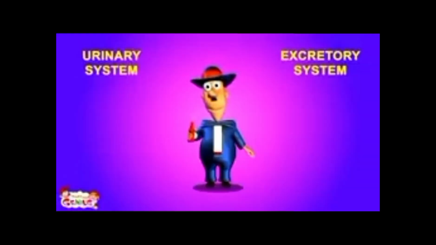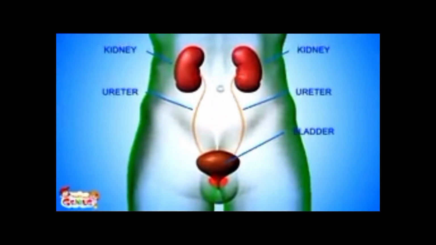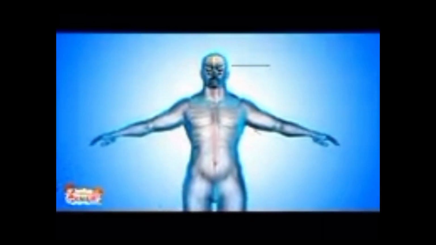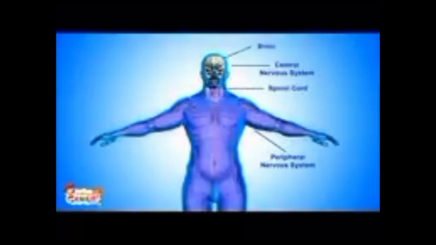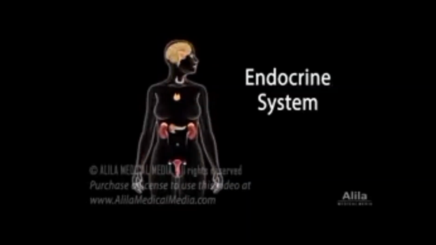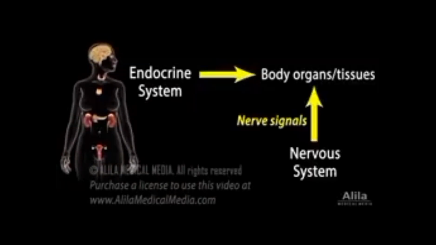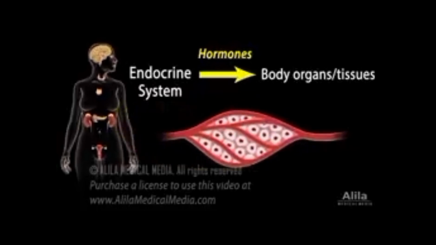The urinary system consists of the kidneys, ureters, urinary bladder, and urethra. The nervous system consists of the brain, spinal cord, nerves, and sense organs. The endocrine system consists of the pituitary gland, adrenals, pancreas, thyroid, parathyroids, and other organs.